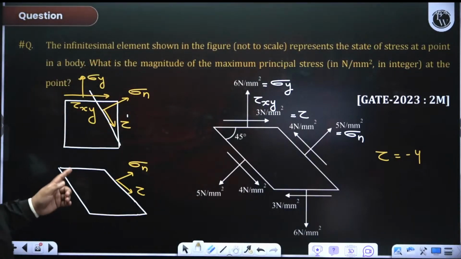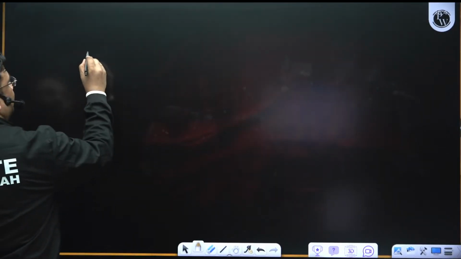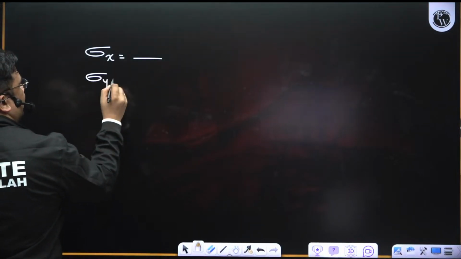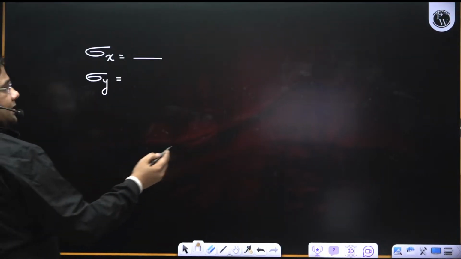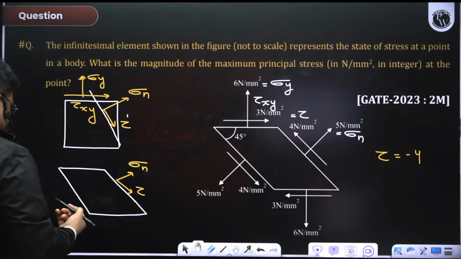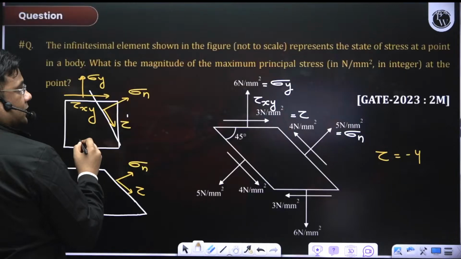So what is missing is sigma x. So first find out sigma x from this. Sigma y is given, 6, and the shear stress is positive, so tau xy is 3. This is 6 and this is 3.